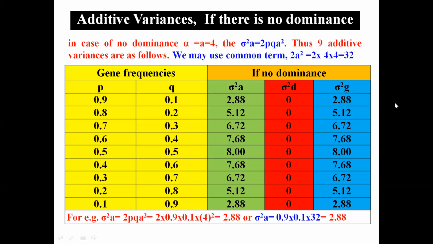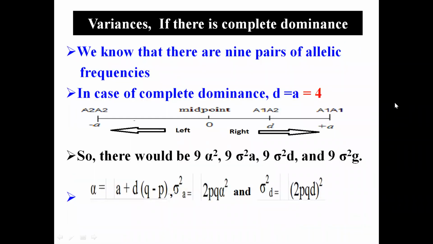Simply multiply both the frequencies and then multiply by 32, and we will get the additive variance. So these are the 9 types of additive variance, and ultimately 9 genotypic variances. Now, variances if there is complete dominance.